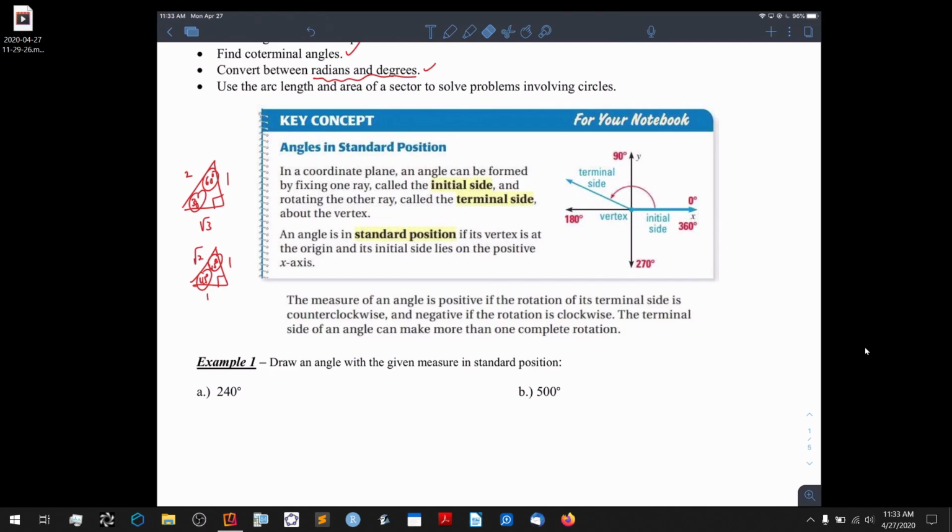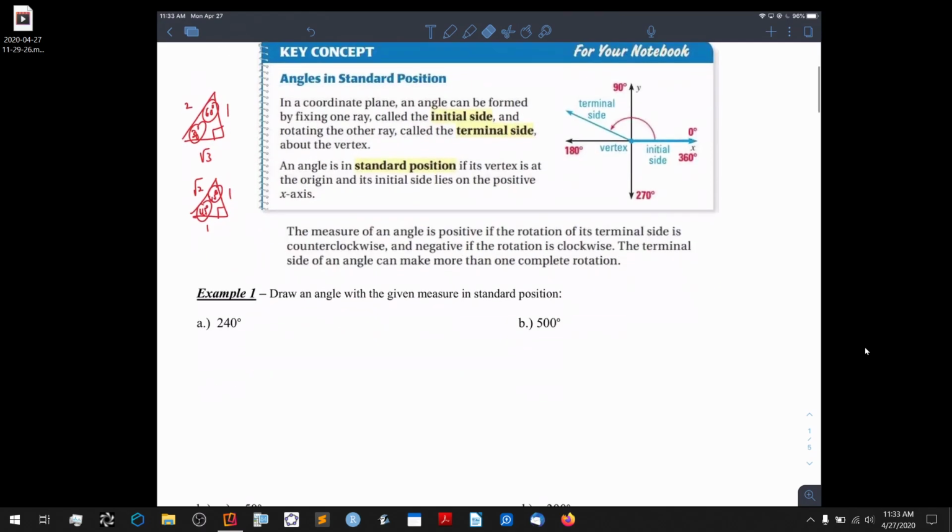So example 1 says draw the angle with the given measure in standard position. Please remember, this may be new for you, that 0 degrees is here, and if I've rotated all the way around, 360 degrees is also there.